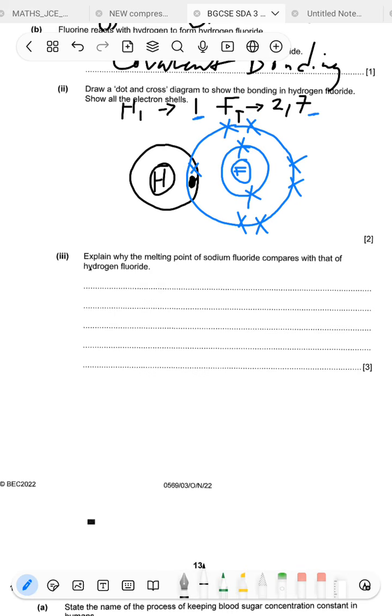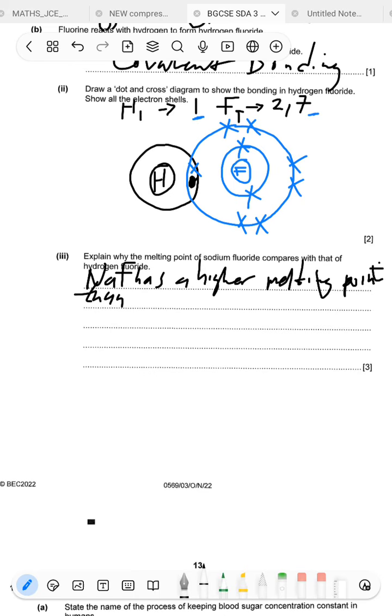So we know that NaF, sodium fluoride, has a higher melting point than, and you can write the full words there so that you don't get lost, than hydrogen fluoride.